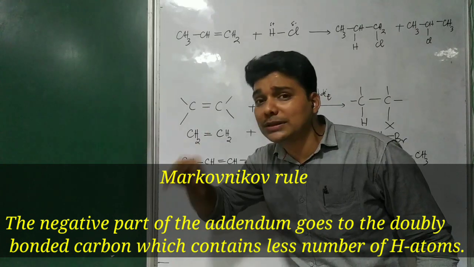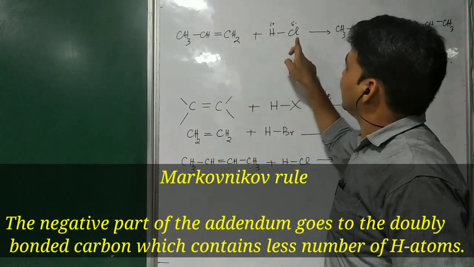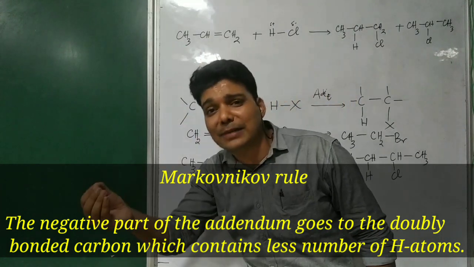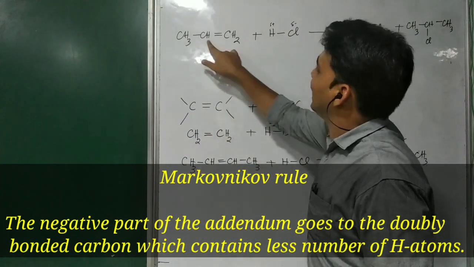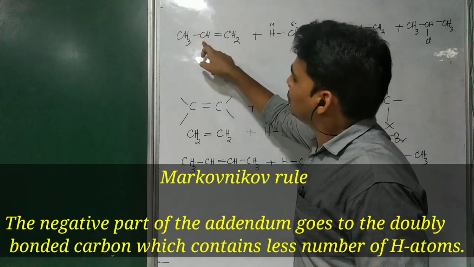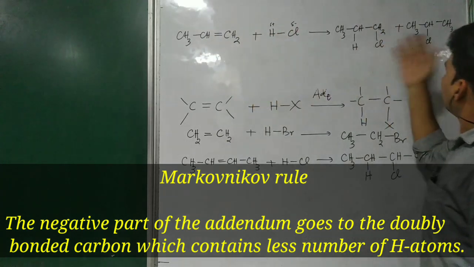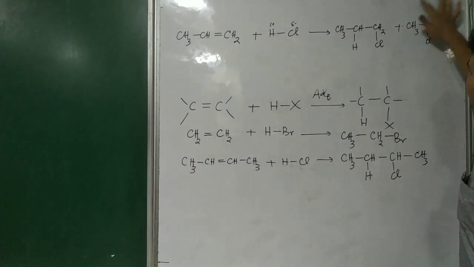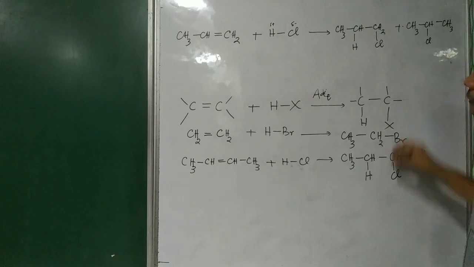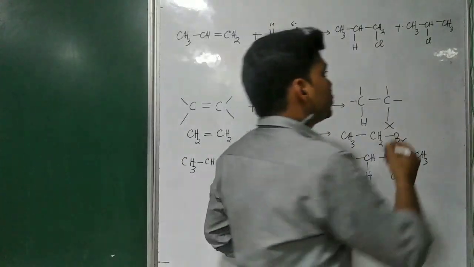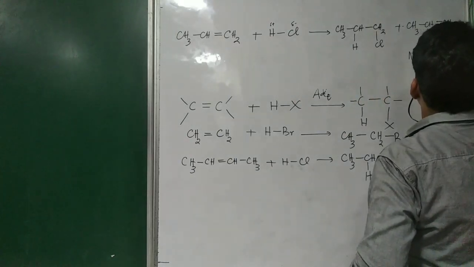So, applying the rule, the negative part of the addendum will move to this carbon. This chlorine is to be added to this middle carbon. Then which product out of these two is obtained? This is your product which is obtained in major amount, this would be your major product.